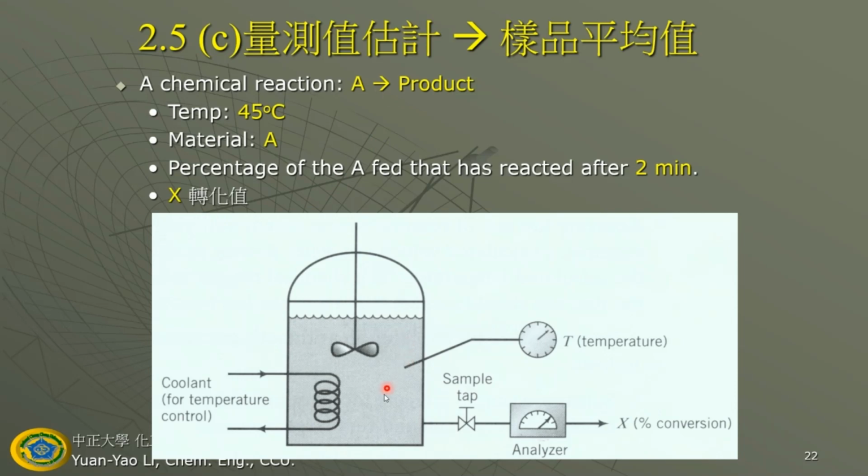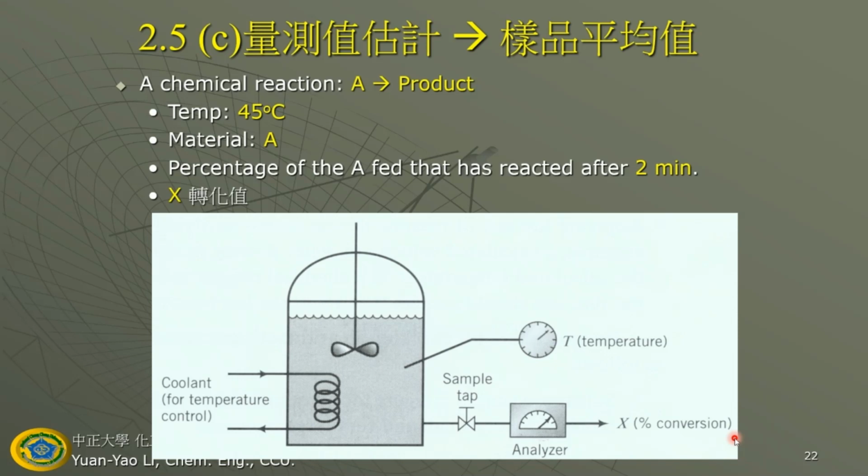Once you increase the temperature, the material A will change to products. This is the conversion. You have a sample tap, a valve. You open the valve, the material will come out, and you have an analyzer, so you know how much A changed to products. This is what we call conversion.